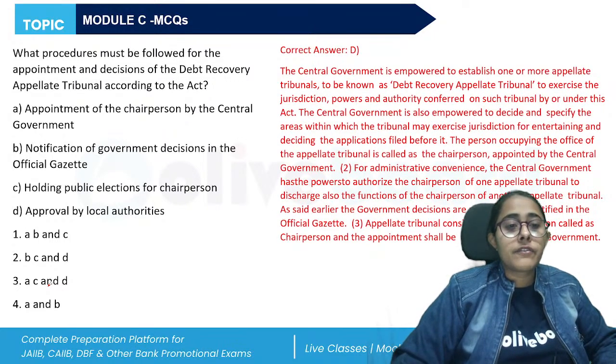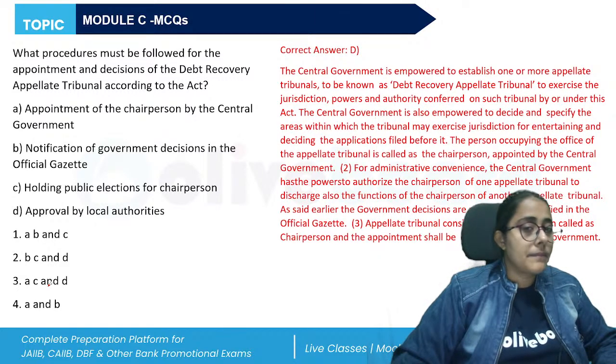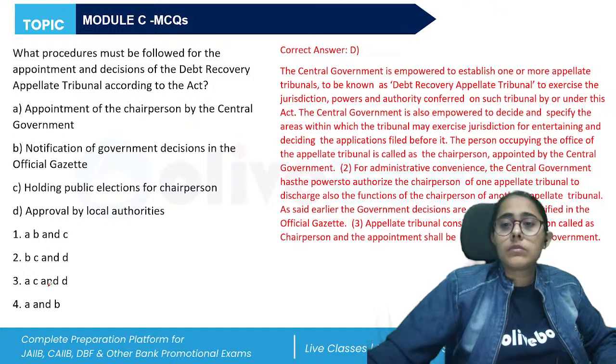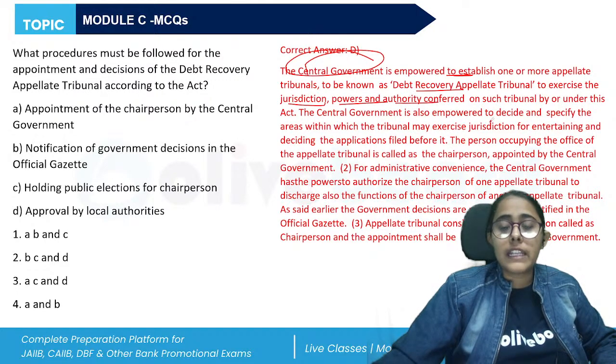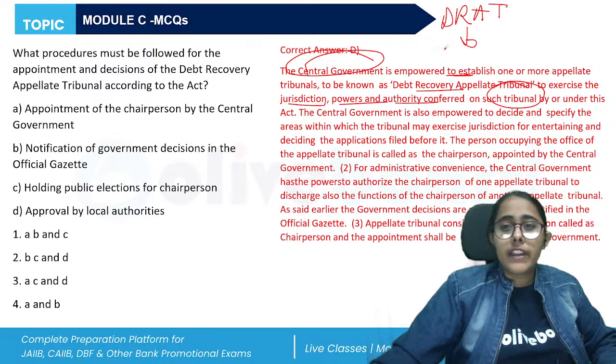The chairperson will be appointed by the government and the decisions will be officially given in the official gazette. One or more appellate tribunals known as DRATs, their establishment power is with the central government. They can exercise jurisdiction, power and authority over such tribunals under the Act. So under the DRAT, various DRTs will come.